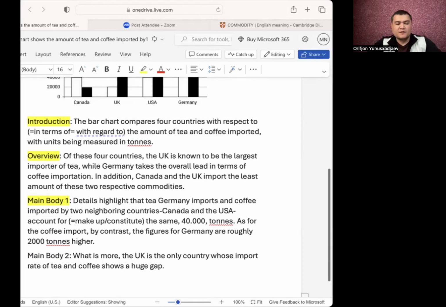Gap is referring to the word difference. What is more, the UK is the only country whose import rate of tea and coffee shows a huge gap.